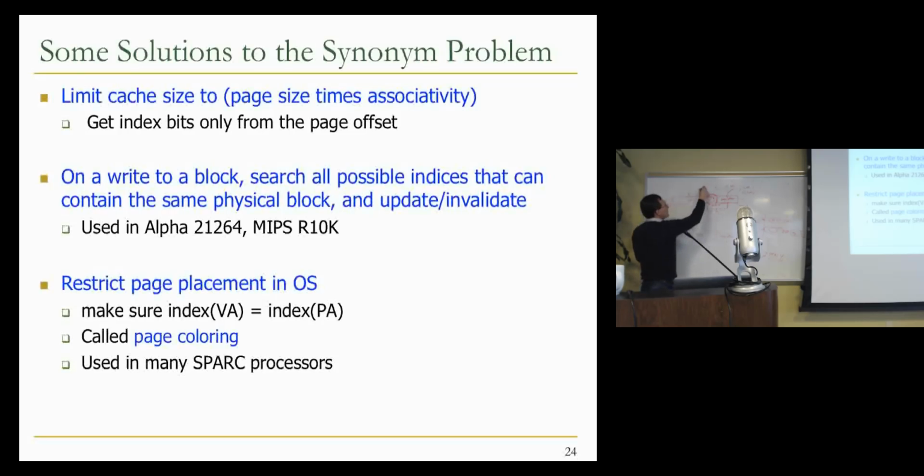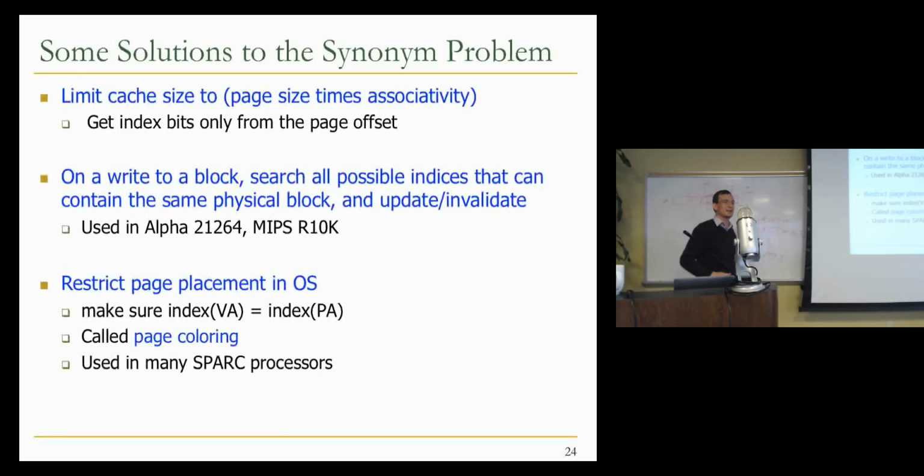Well, now, virtual addresses that have index bits 0000, 0001, all the way up to 1111, can store the same physical address. So you have 16 possible places where the same physical address may be stored. So whenever you update one of them, you need to search the remaining 15.